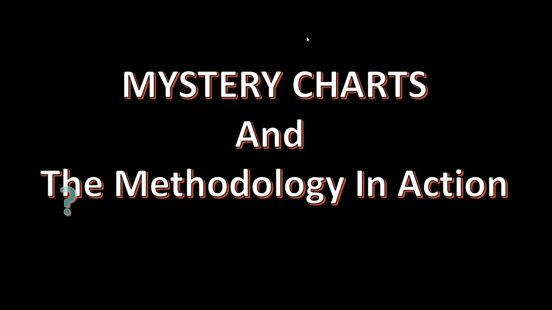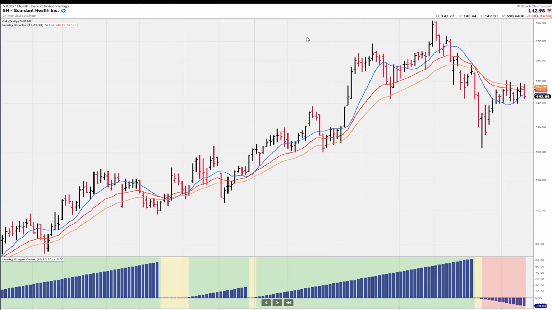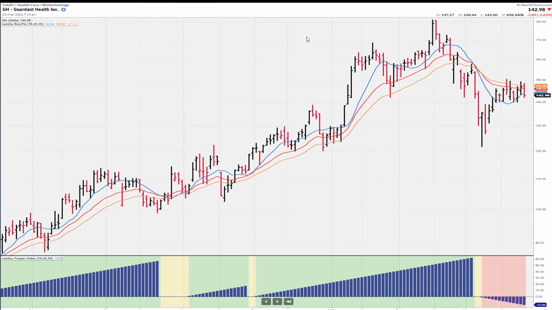So I want to follow up on a mystery chart before we get into the methodology in action. So this is GH. As you can see, it was in a nice longer term uptrend, as I said a few weeks back. Bow ties are in proper uptrend order, bow tie moving averages. You can see it makes brand new highs here, but notice that that peak isn't really that much higher than the prior peak, so it has lost some steam.